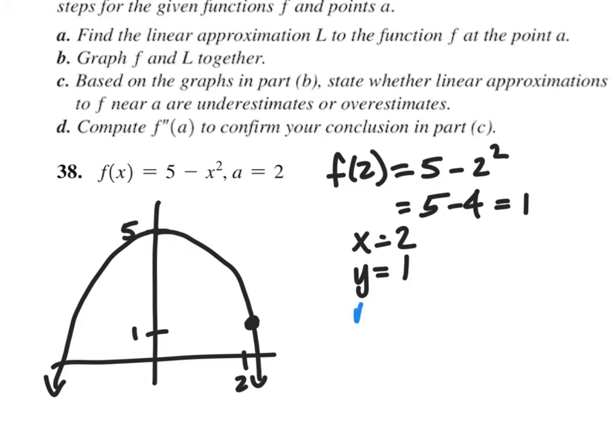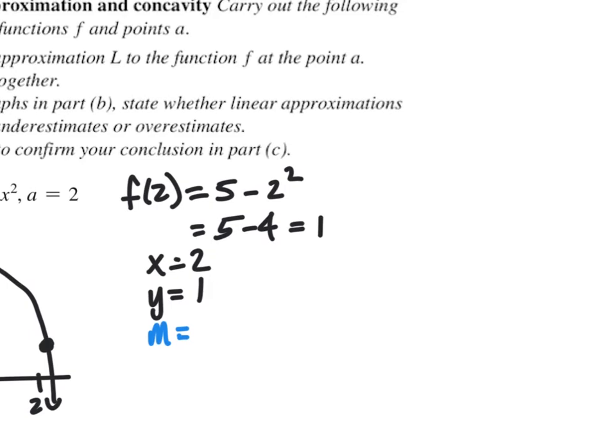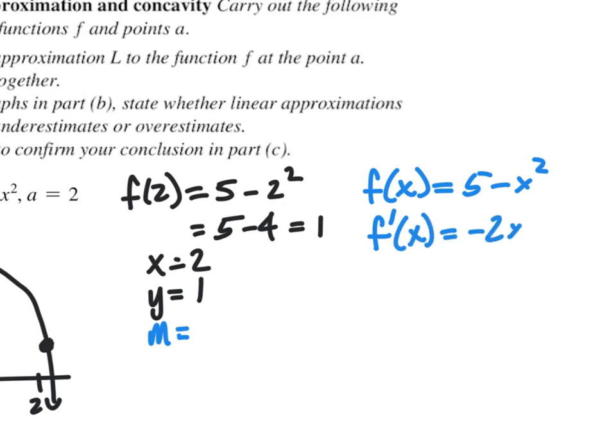I need to figure out what my slope is. If f of x equals 5 minus x squared, then the derivative f prime of x is negative 2x. If I find f prime of 2, that's negative 2 times 2, which gives me negative 4.